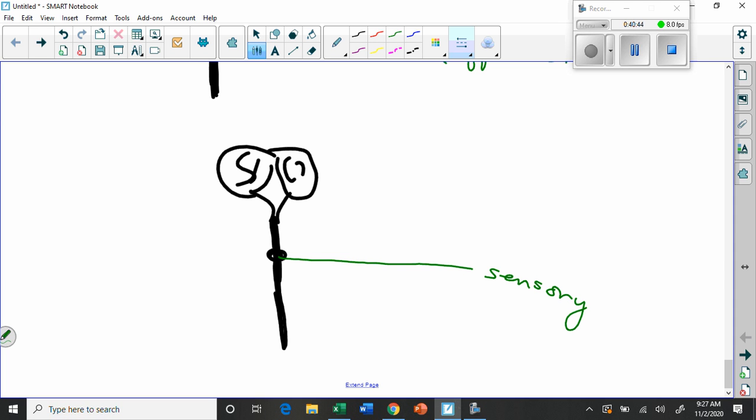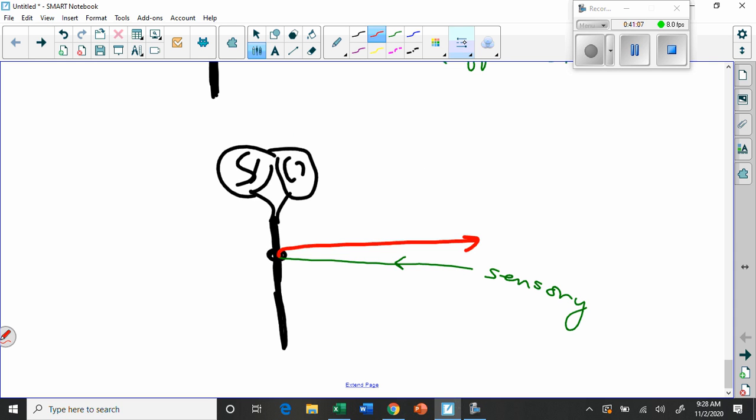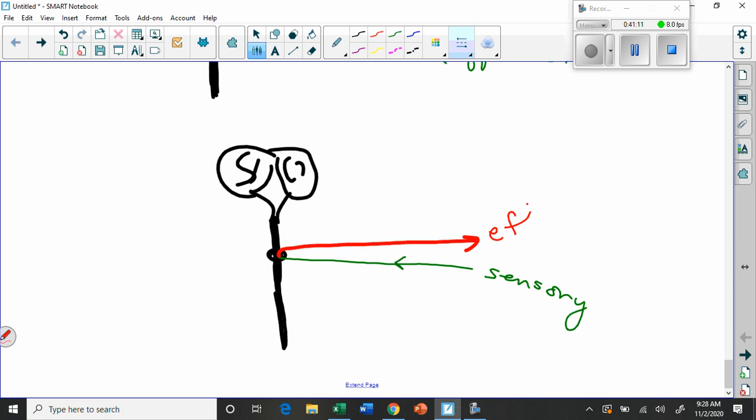So the sensory neuron sends the signal of my finger is burning to the central nervous system, to the spinal cord. But what's cool is that the spinal cord, this ganglion, can immediately reroute that back as an efferent neuron, which basically would be the one that pulled your finger away from the hot, the efferent pathway.